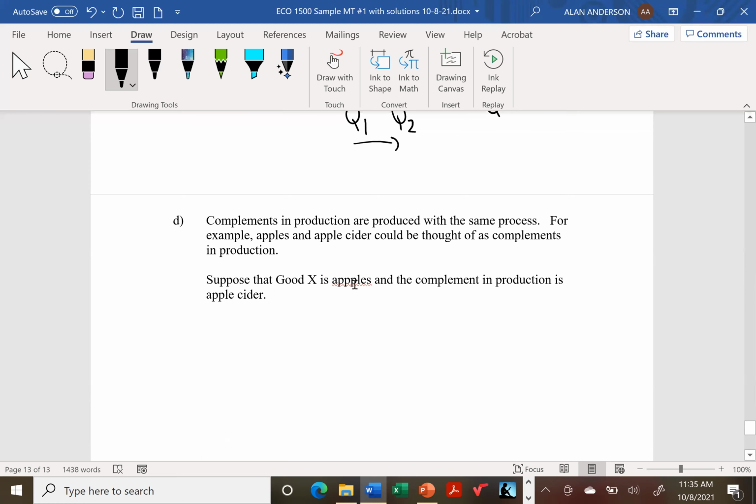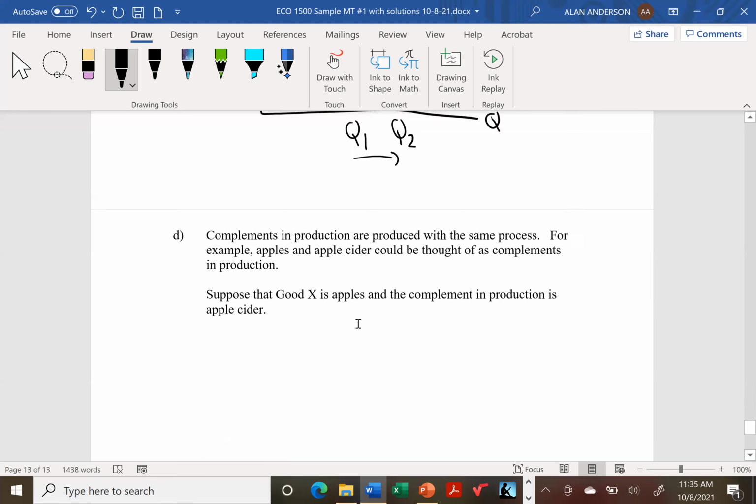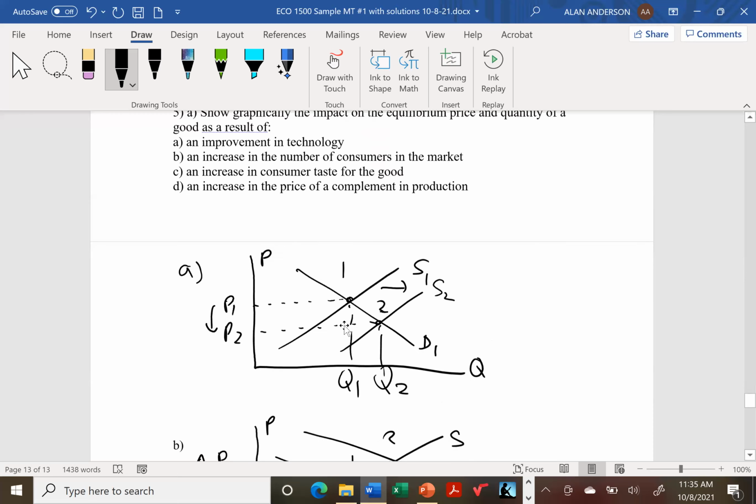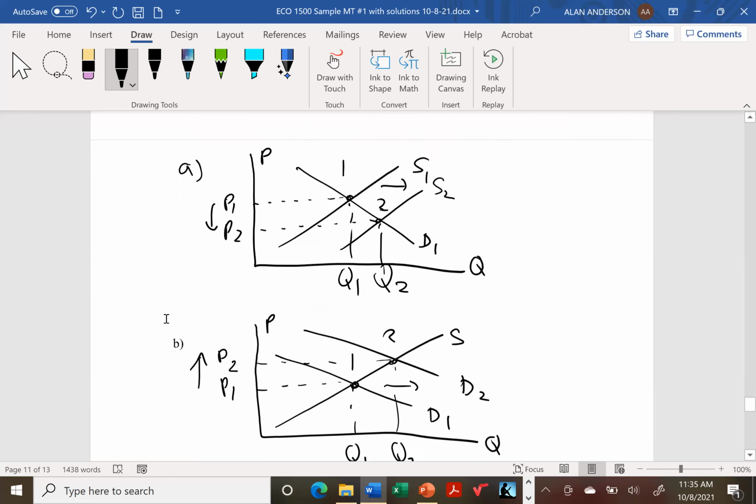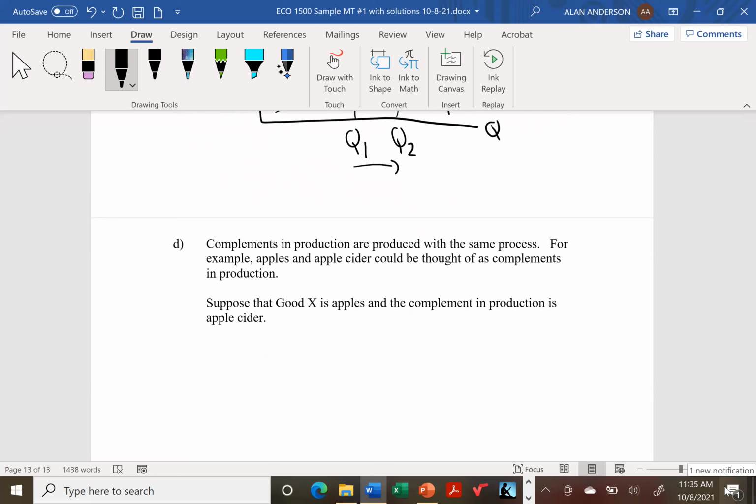They're saying here that there's an increase in the price of the complement. In other words, the price of apple cider rises. So what that means then is that they will want to produce more apples to take advantage of the rise in the price of apple cider.